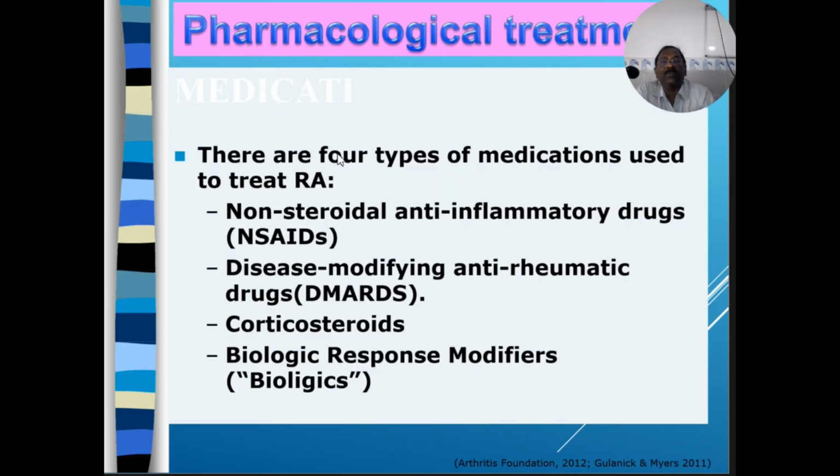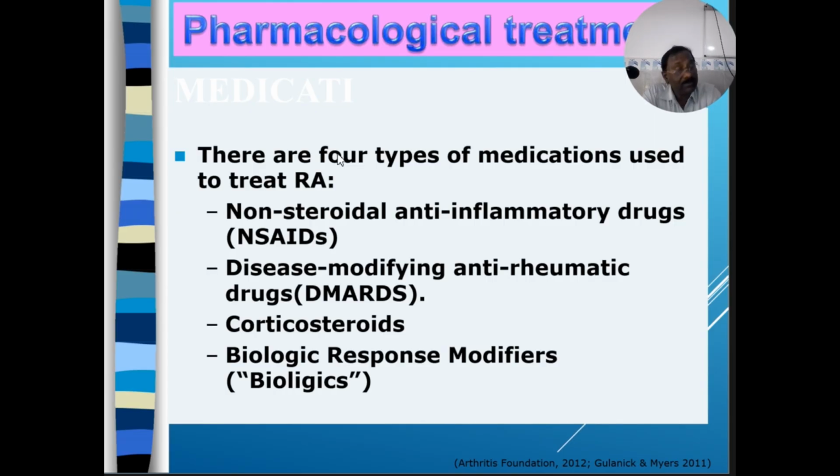So there are 4 types of medications used to treat rheumatoid arthritis. They are the NSAIDs, our favorite drugs for all Indians, and DMARDs. Even as physicians, we are not confident of writing the DMARD. Sometimes I've seen prescriptions from a qualified physician with MD general medicine, but still the DMARD therapy is not up to the mark. So how to improve the DMARD therapy in all rheumatoid arthritis individuals.